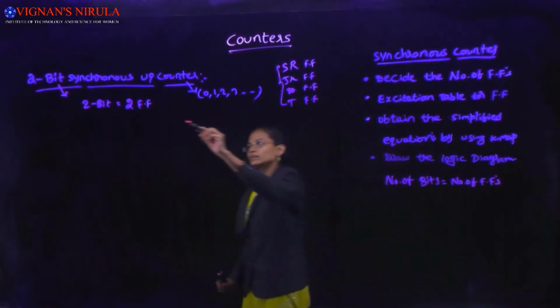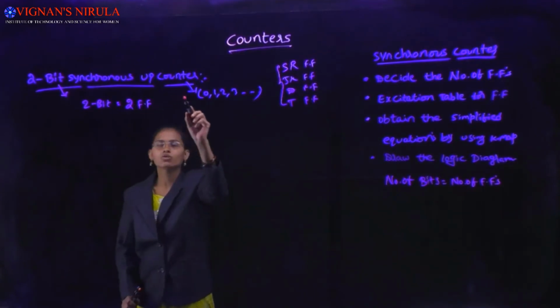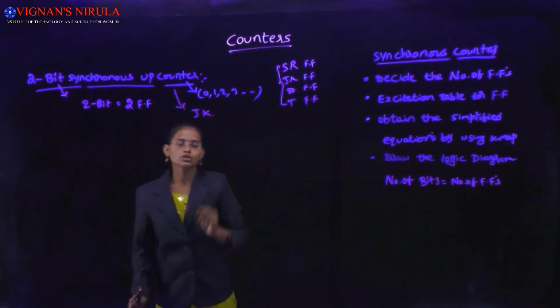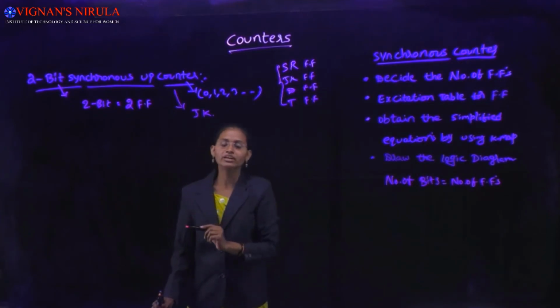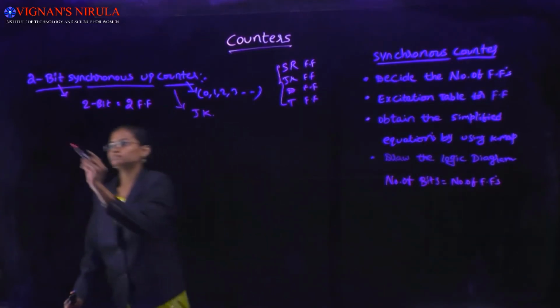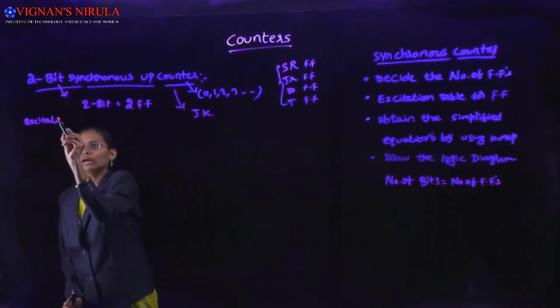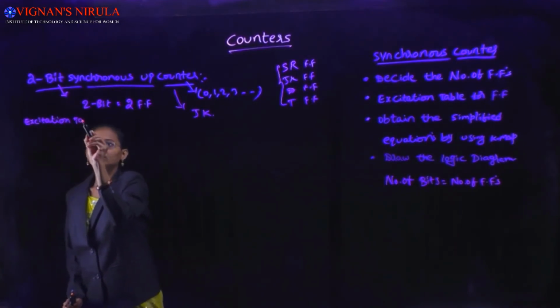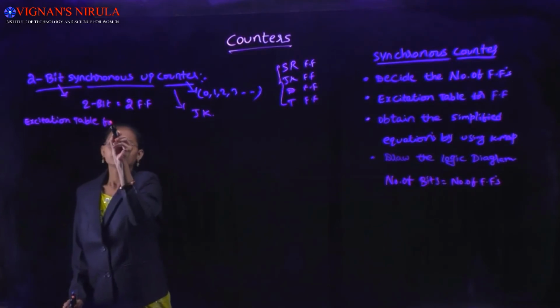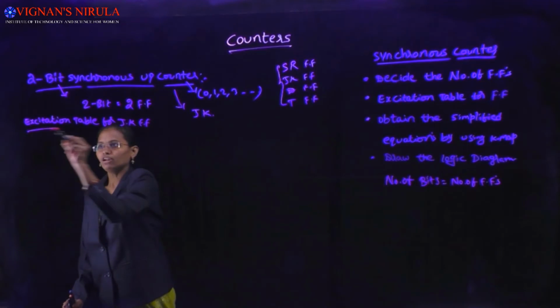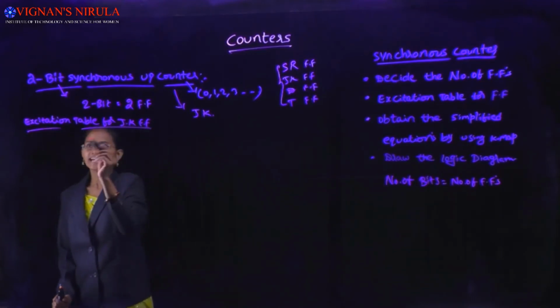In this we design the 2-bit synchronous counter. We are considering the JK flip-flop, so we draw the excitation table for JK flip-flop. Okay, what is the excitation table?